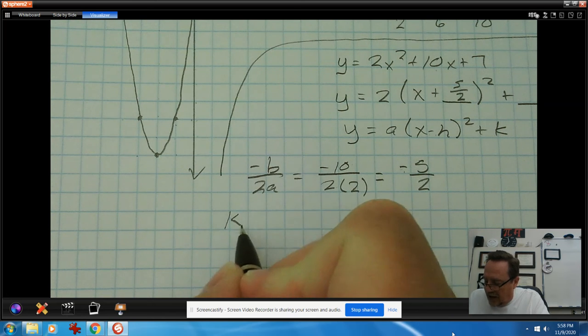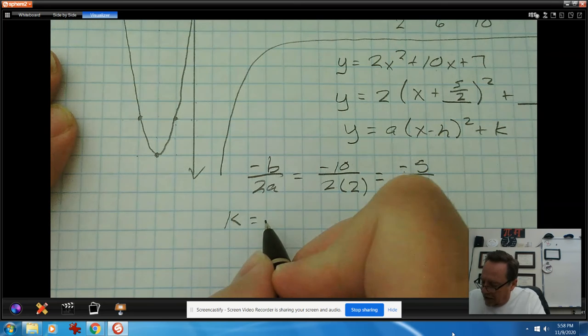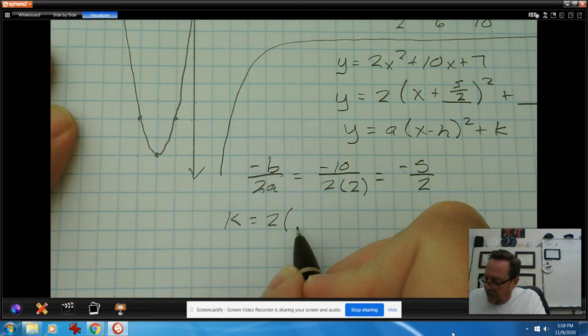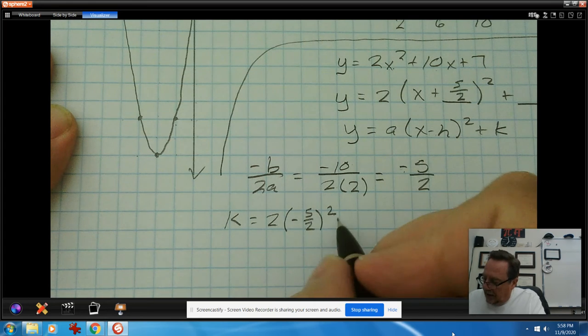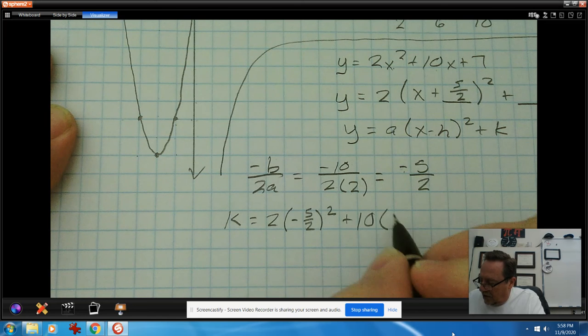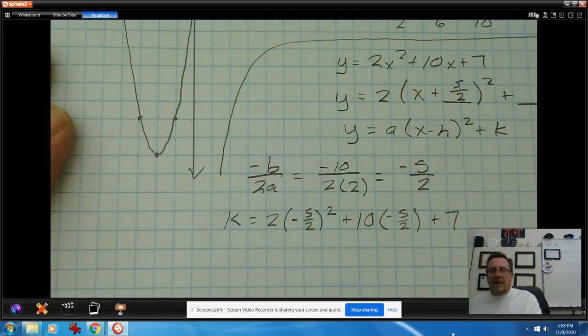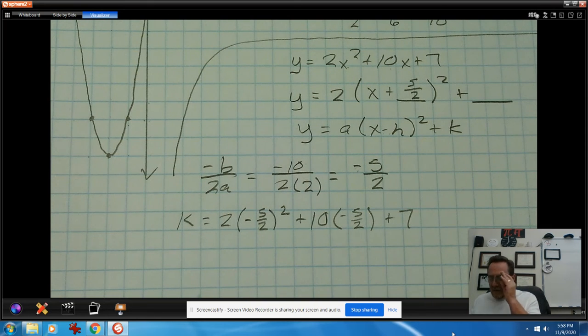I'm going to go, hey, k can be found by taking, in this case, 2 times negative 5 halves squared, just replacing my x with negative 5 halves, plus 10 times negative 5 halves, again just replacing the x there, plus 7, okay? So we can find our k value. That's the last thing we need, and we'll plug it in over here just by plugging in our h value for x.